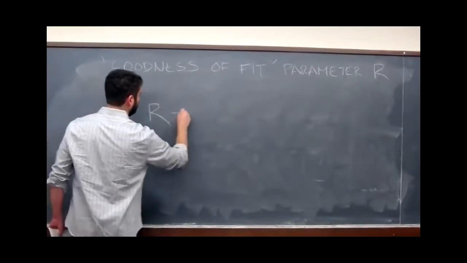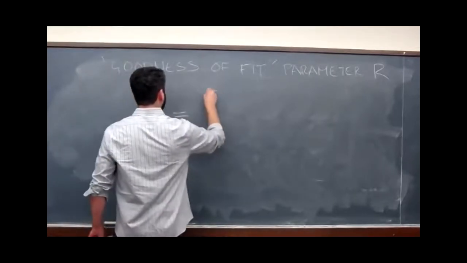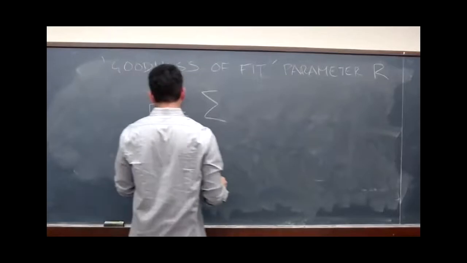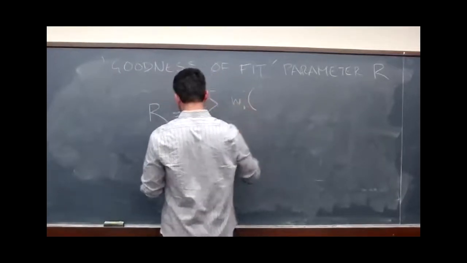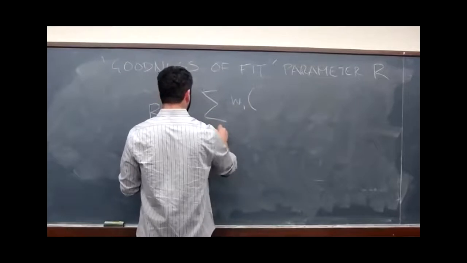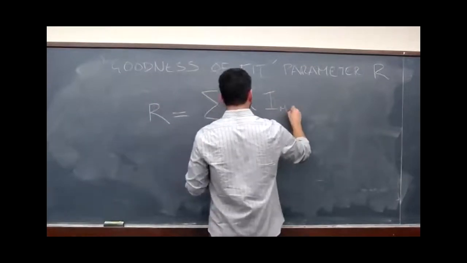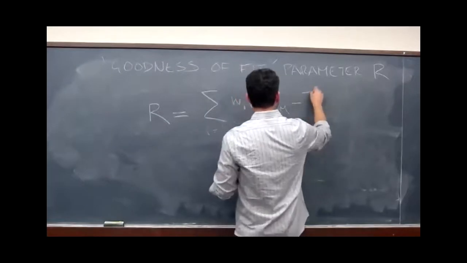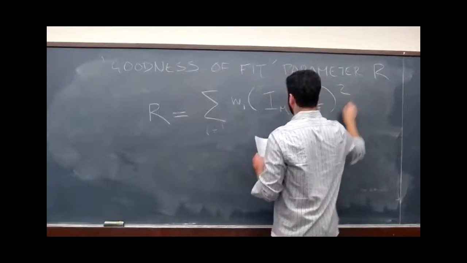So the R value, a general R, is the sum of a weight, and we're going to sum over all our measurement points, of our intensity measured minus our intensity fit, squared.